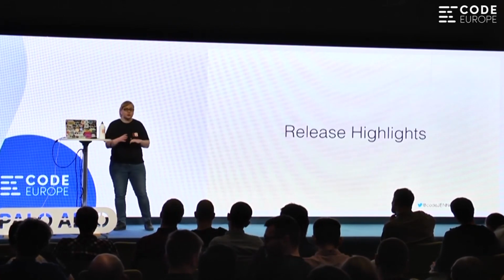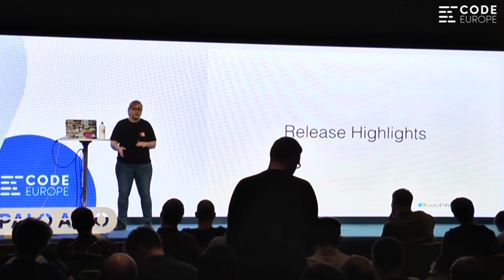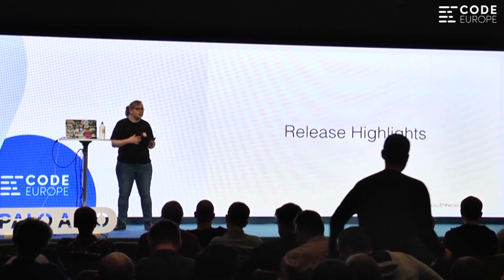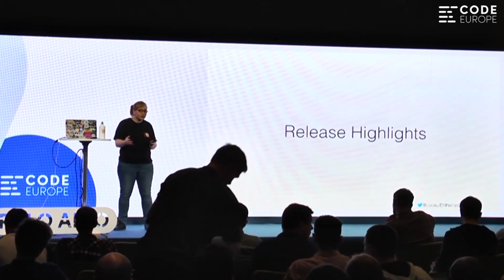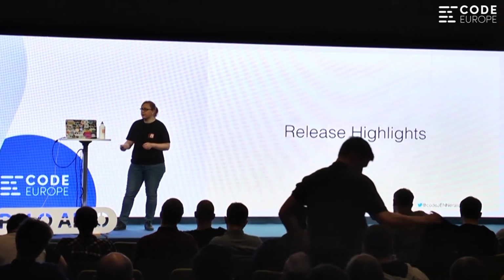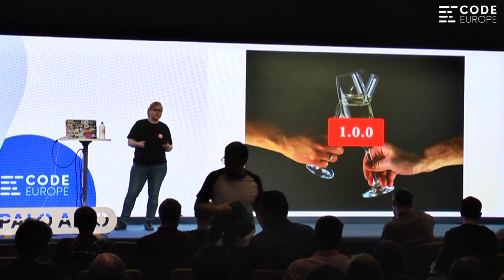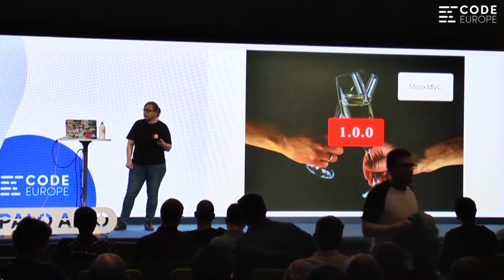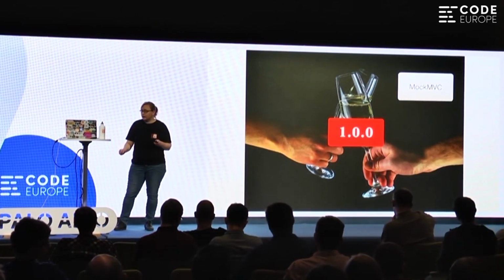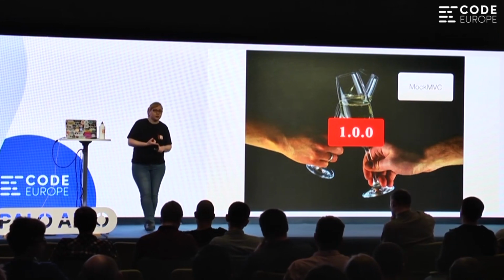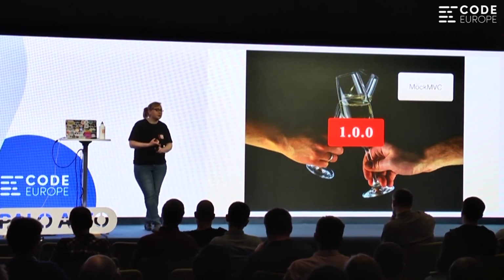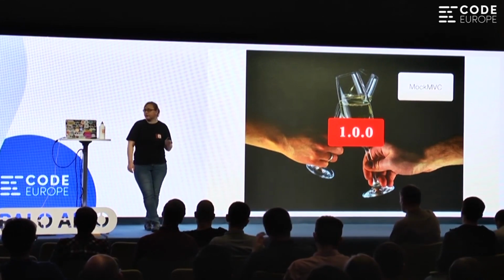Then, yeah, so we're now on 1.2, and there's enough to see some changes from release to release. In the first one, it was really exciting to get out the door. The first testing framework was MockMvc, which is very specific to Spring itself.